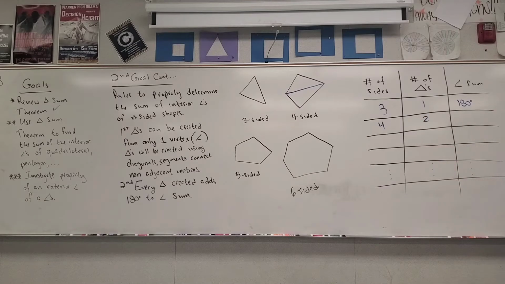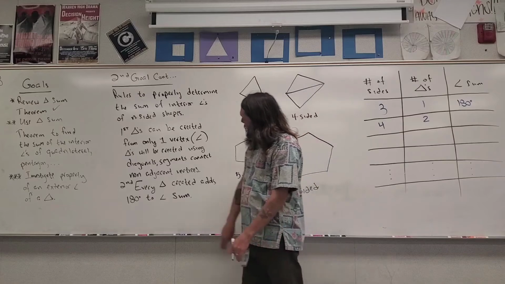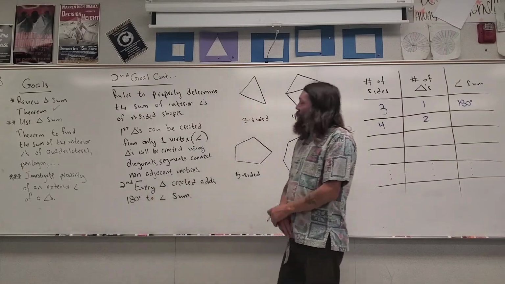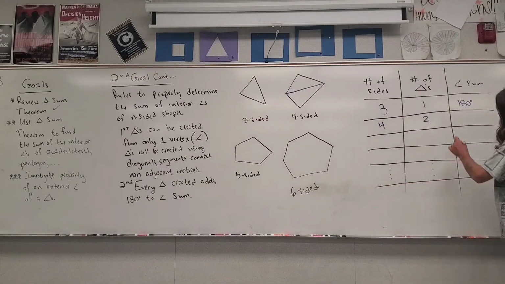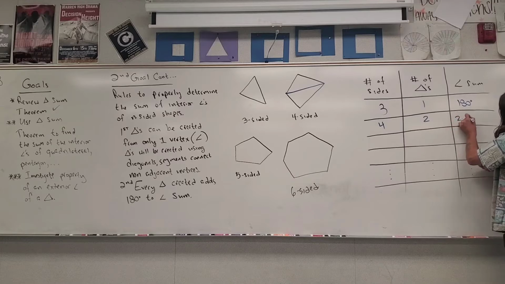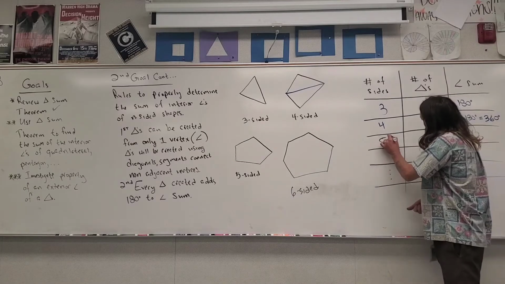And 2 triangles means that I have to add 180 degrees to the angle sum twice. So this is 2 times 180 degrees. So that means that for 4-sided shapes, the interior angles must add up to 360 degrees. It must.